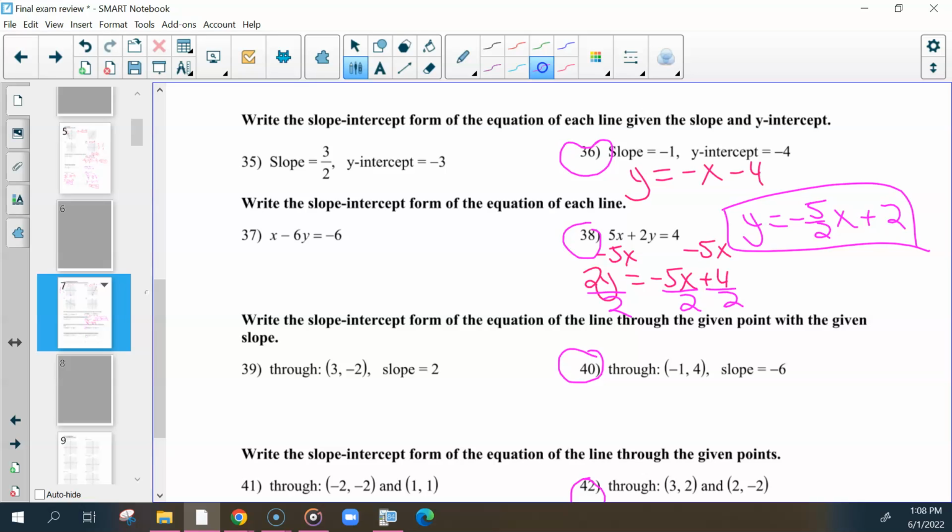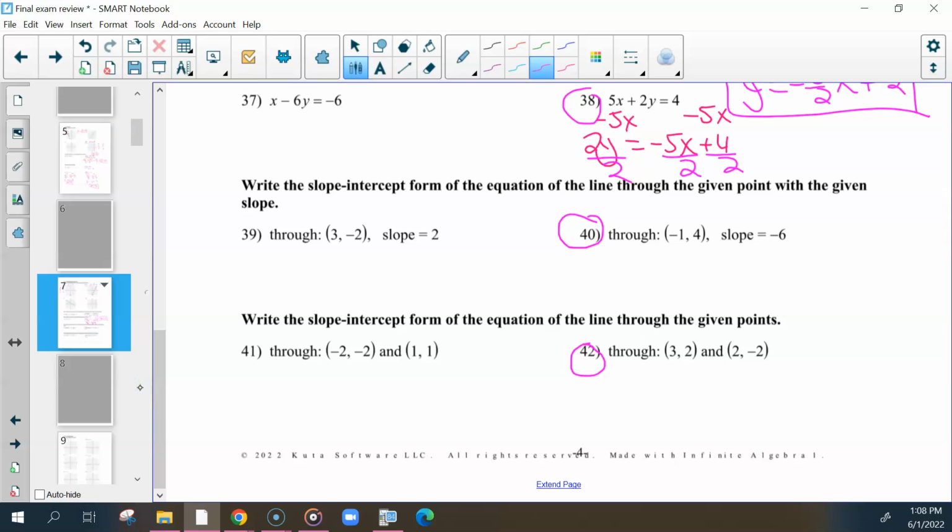For number 40, we're going to go back and use our point-slope formula. Y minus y1 equals m times x minus x1. This is also something you will need to know because it will not be given to you.